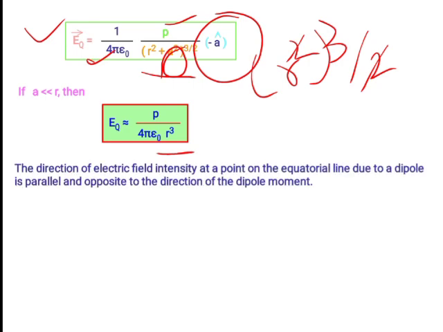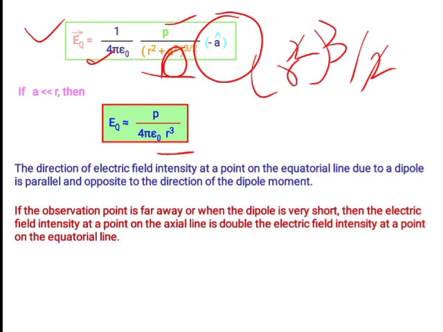The direction of electric field intensity at a point on the equatorial line due to a dipole is parallel and opposite to the direction of the dipole moment. If the observation point is far away, or when the dipole is very short, suppose we consider a very short dipole, then the electric field intensity at a point on the axial line is double the electric field intensity at a point on the equatorial line.